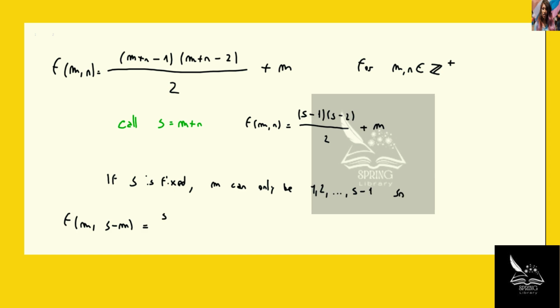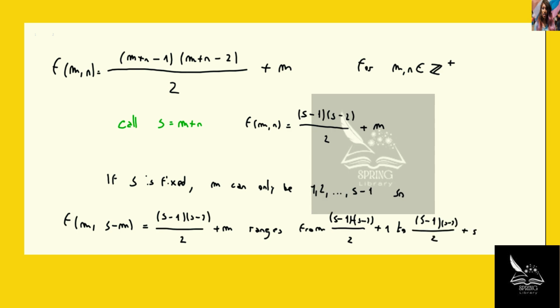Now this function here is just (s - 1)(s - 2) divided by 2, plus m. And as m varies from 1 to s - 1, the value of the function can only range from (s - 1)(s - 2) divided by 2 plus 1, all the way up to (s - 1)(s - 2) divided by 2 plus s - 1.